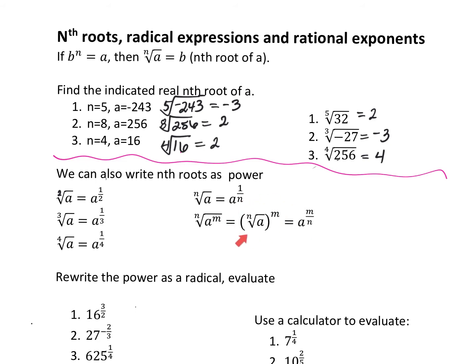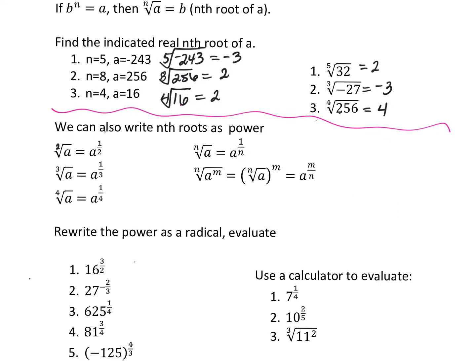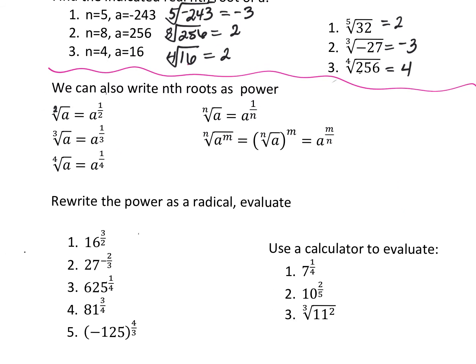And the one in the middle here is the one we like to use the most. It's the most useful for us when we're trying to convert a fractional exponent to a radical so that we can evaluate. And that's what we're going to be doing next. We're going to go from the fractional exponent to the radical. Those fractions are exponents, right? Yes, the fractions are exponents.